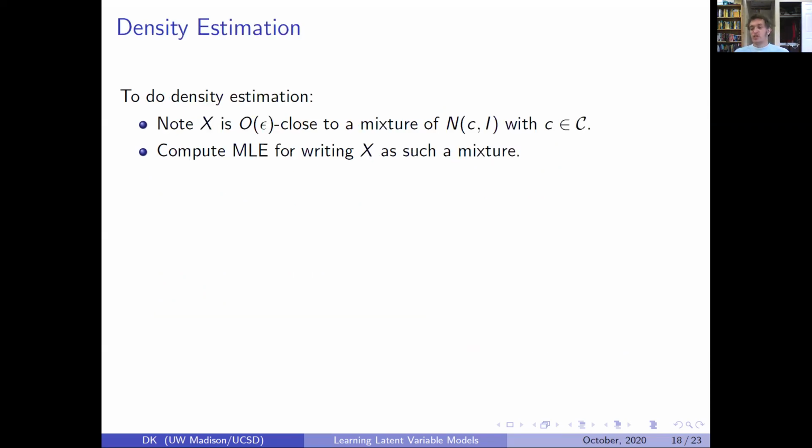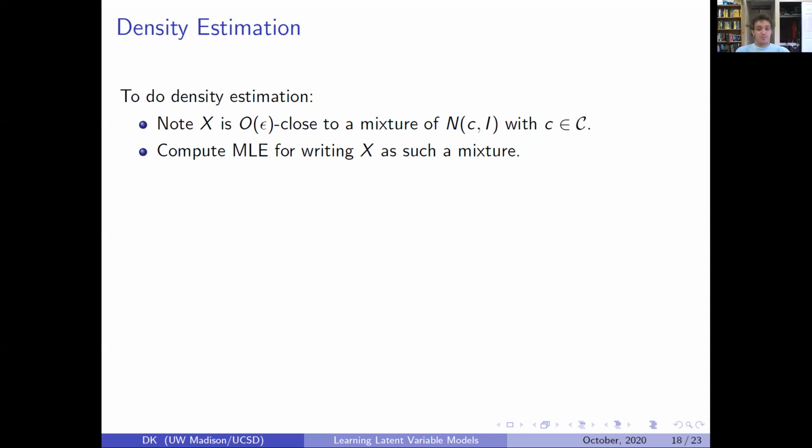How do we actually solve the problem? So for density estimation, we note that if you take all the means, all the important means, say, you can move them by only epsilon to get some mean in this cover. And if you translate all of those means like that, you'll note that our original distribution X is epsilon close in total variation distance to some mixture of spherical Gaussians whose means are elements of this cover.